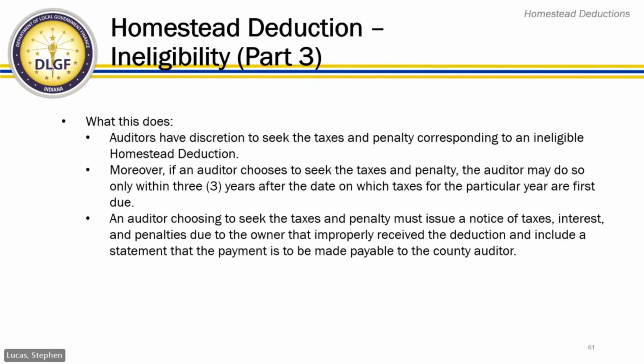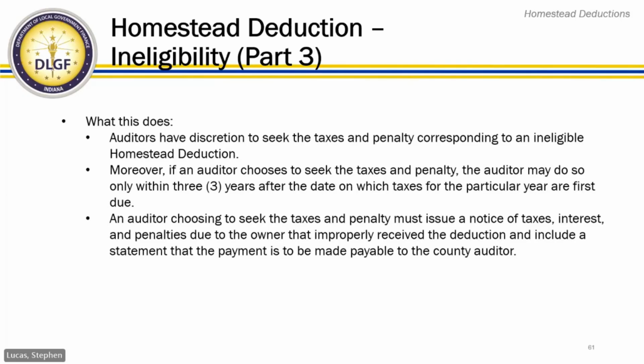Auditors have discretion to seek taxes and liabilities or penalties corresponding to an ineligible homestead deduction. If an auditor chooses to seek back taxes and penalties, they can only go back 3 years. And the auditor must notify the owner of the taxes, interest, and penalties due and direct payments to be made to the county auditor. Now, there will be a lien placed on the property for the back taxes and penalties.